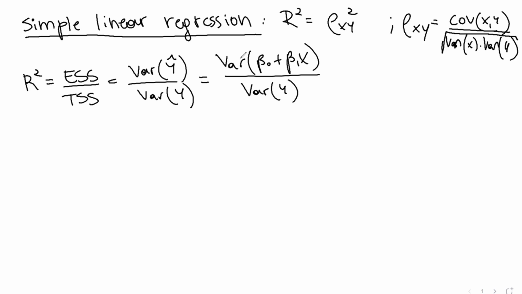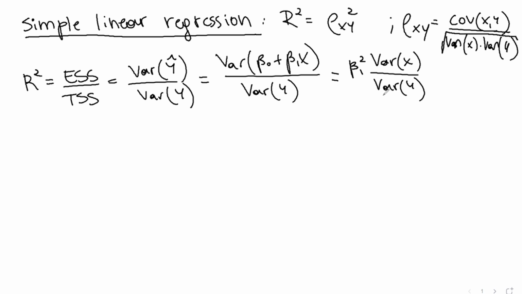We can distribute the variance over this, and given that beta naught is a constant, it has a variance of 0, and its covariance with any random variable, in this case x, is 0. So all that we have to remember is that we're going to have the variance of beta 1 x, and to operate over that, we can just extract the beta 1 squared, and we're going to have the variance of x. And we're going to have the variance of y in the denominator.